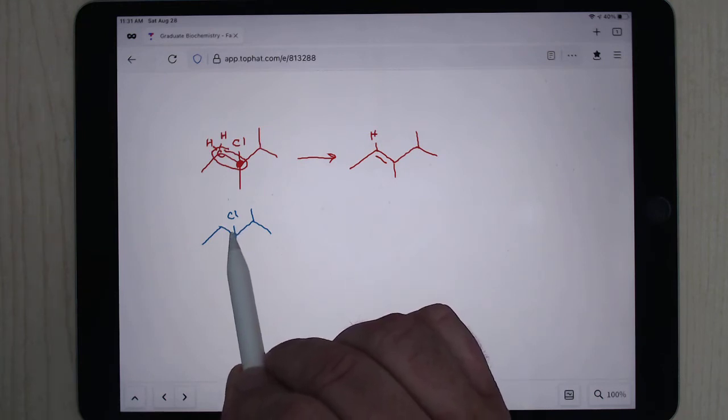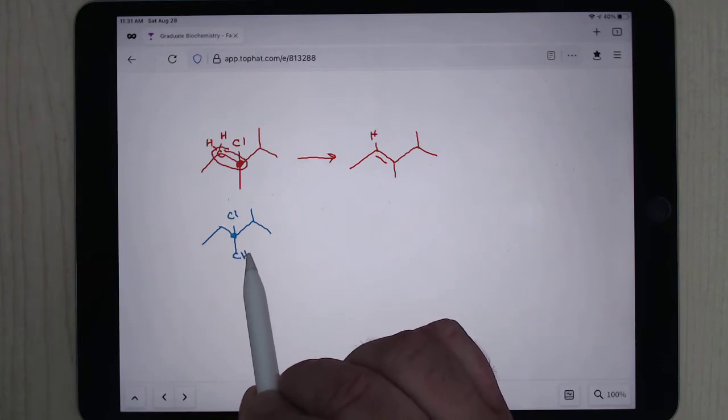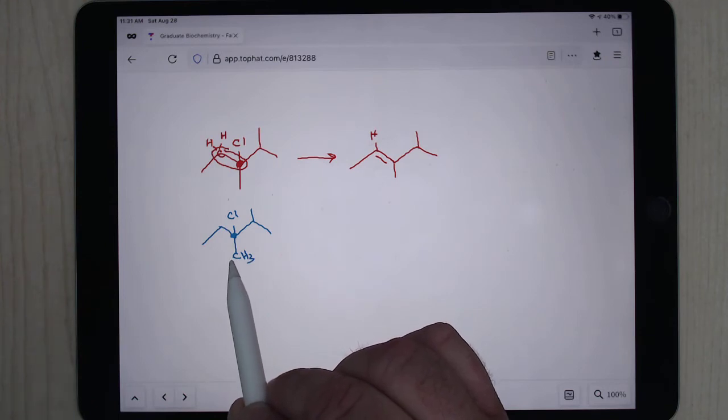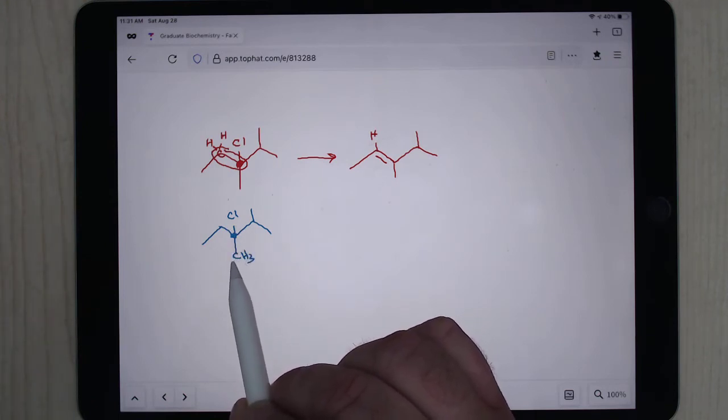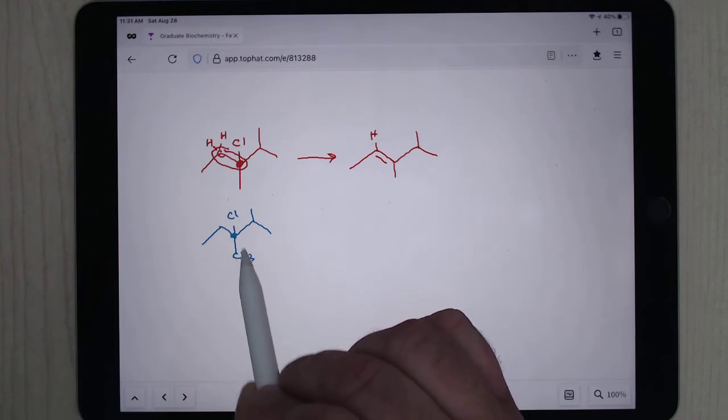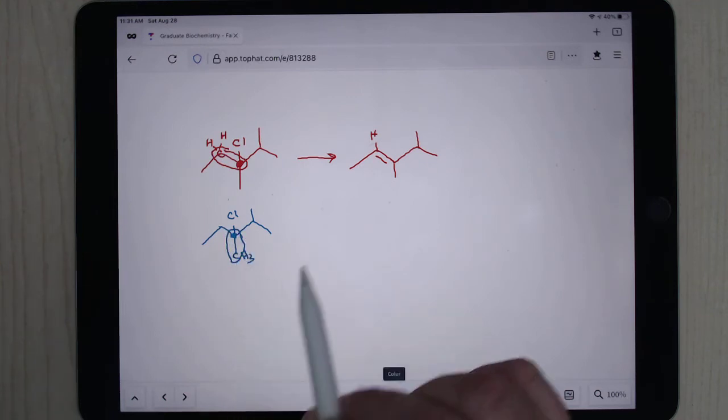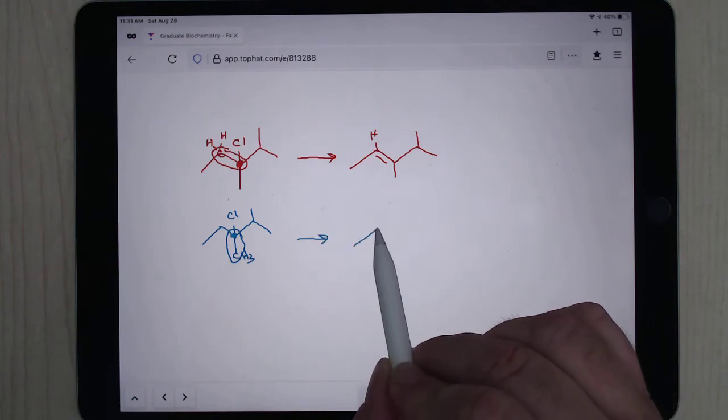Now, we also want to look down here, because this one's adjacent as well. This methyl group is adjacent. So there is at least 1 CH bond here, so that means we can make a double bond right there. So there's our second product.